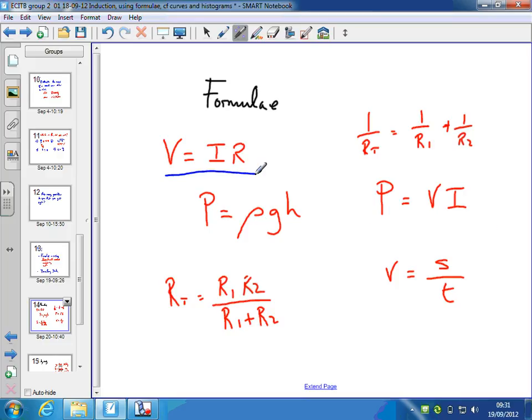Any others? Yep. Is it the resistance in parallel? Certainly is, yes. 1 over RT, so RT stands for the total resistance. So note this use of symbols.